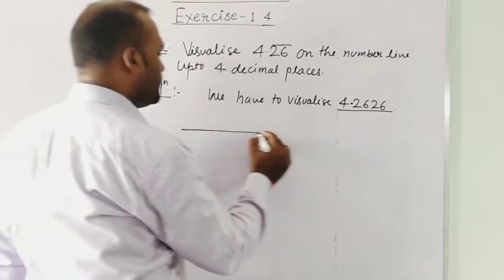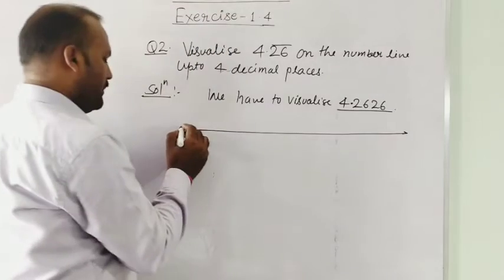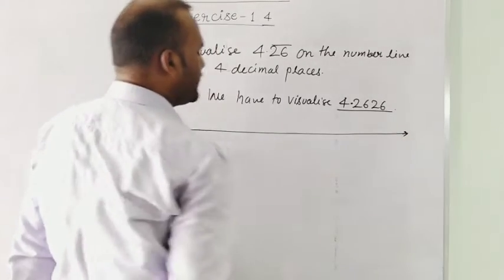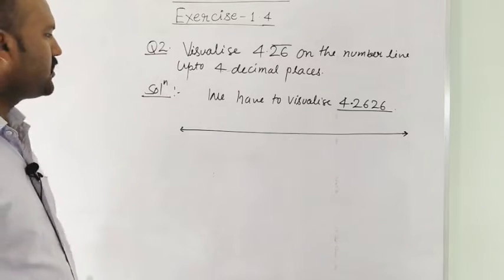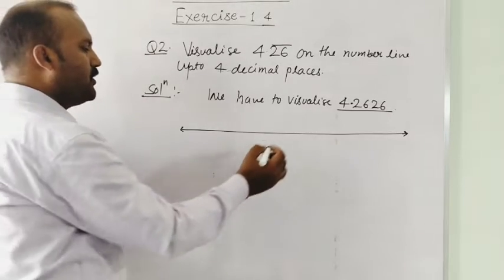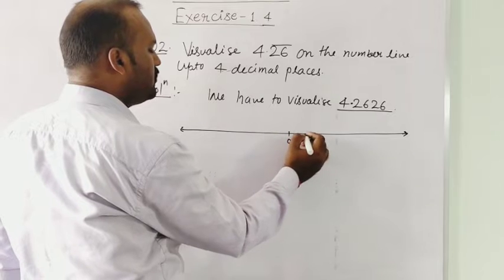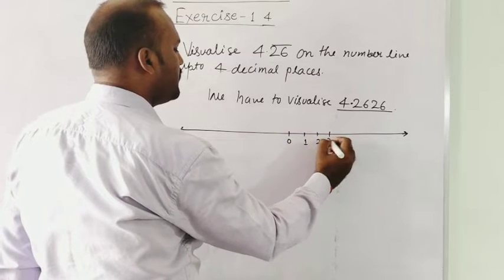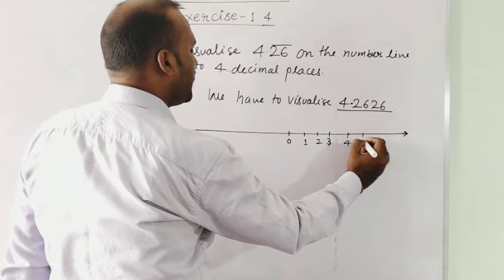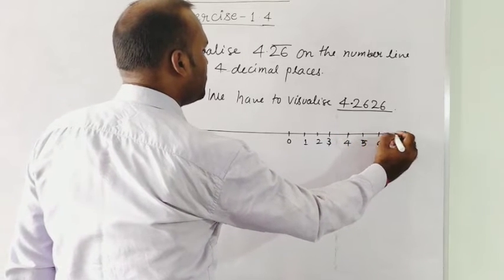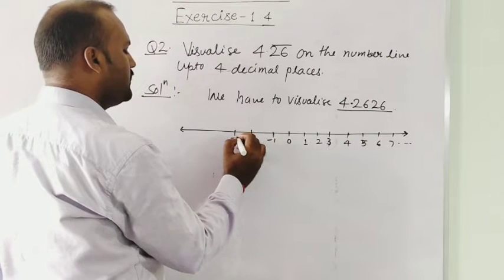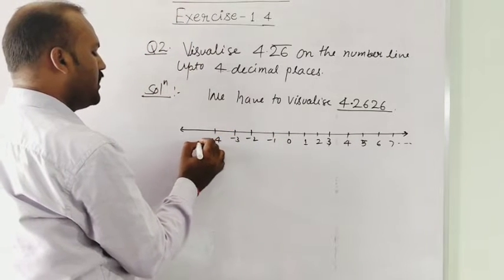First we have to draw. Remember the method which is used in question number 1. First you have to draw an integer number line like this: 0, 1, 2, 3, 4, 5, 6, 7 and so on, and -1, -2, -3, -4 and so on.